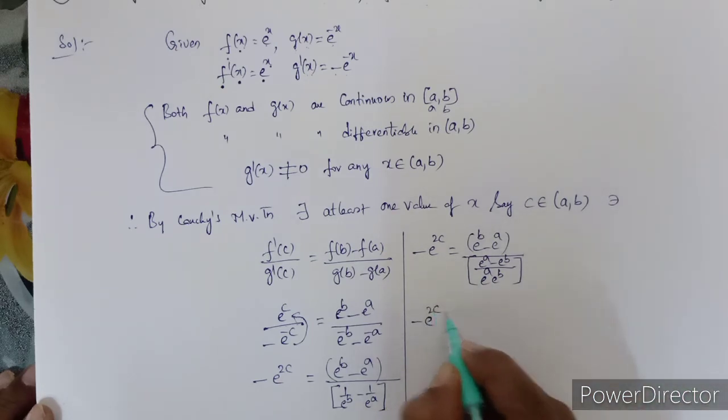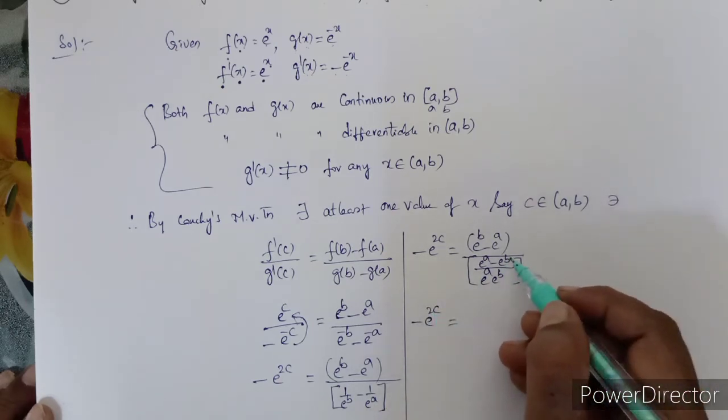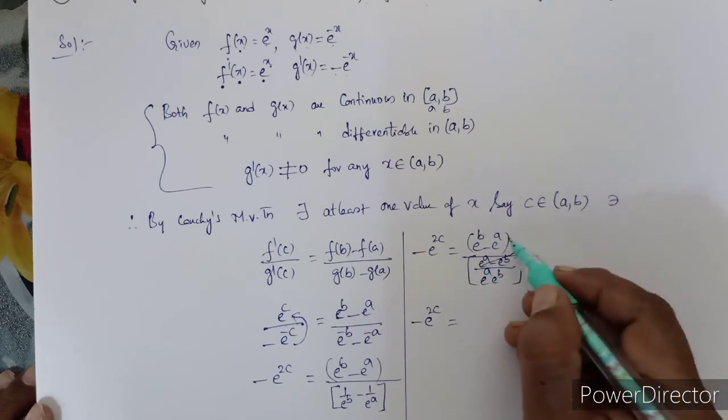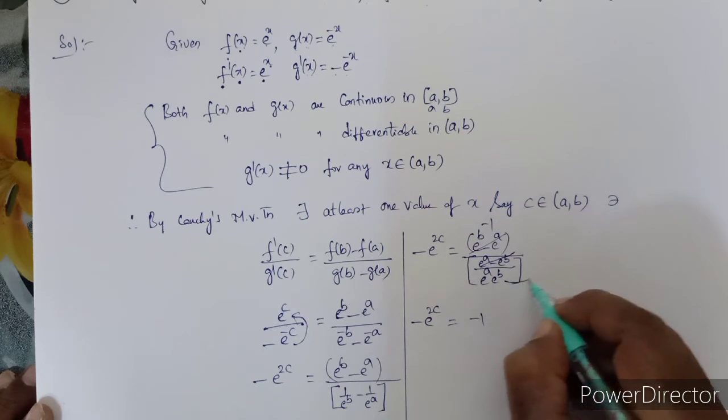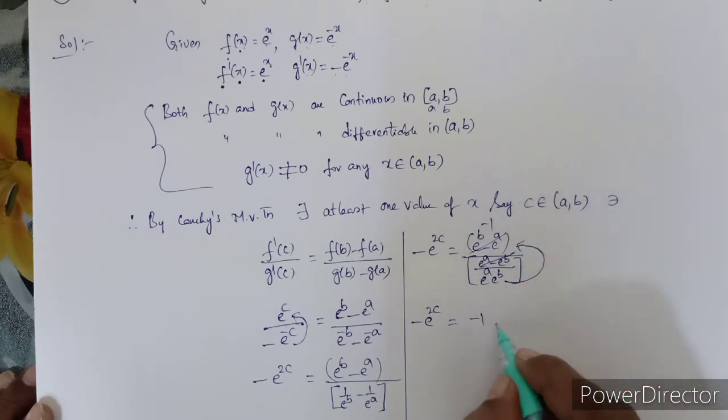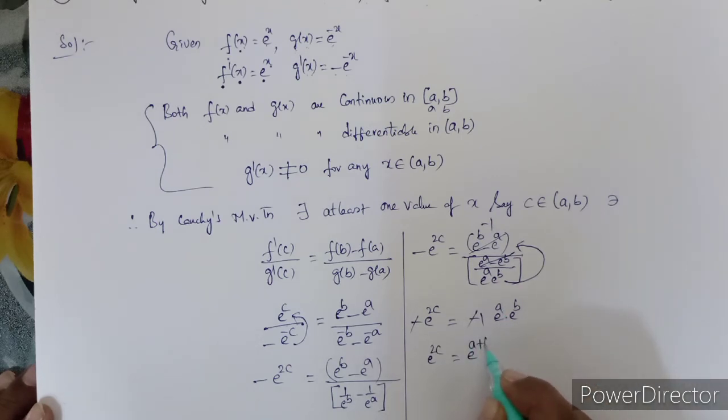Minus e power 2c is equal to, we cancel e power a minus e power b in this, minus 1 times. So minus 1. So on taking reciprocal, bring to the numerator e power a into e power b. Cancel minus on both sides. E power 2c is equal to e power a into e power b. This is equal to e power a plus b.